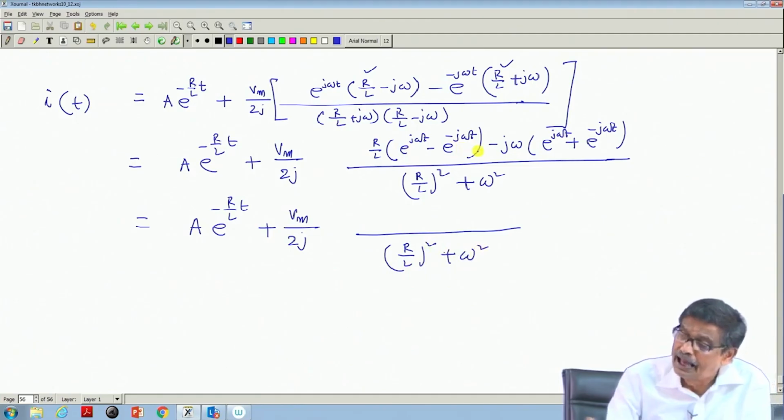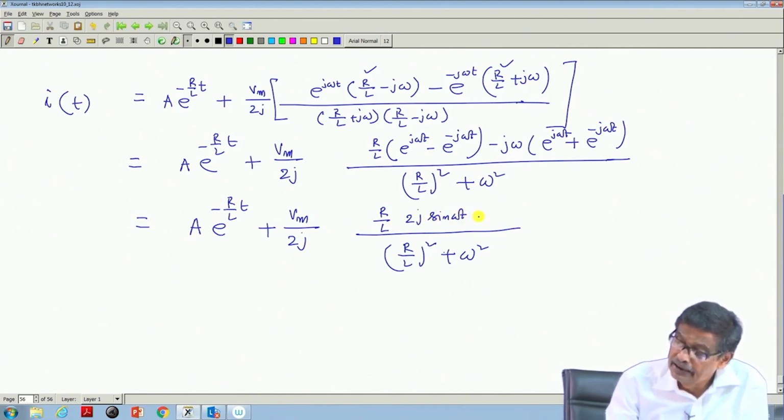Now, this one, as I have just told you, is equal to R by L into 2j sin omega t, and this will be equal to minus omega 2j cos omega t.